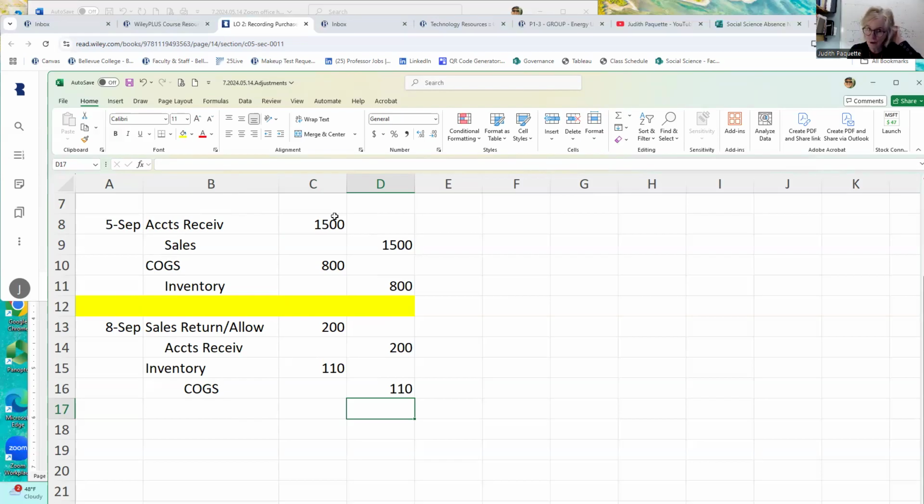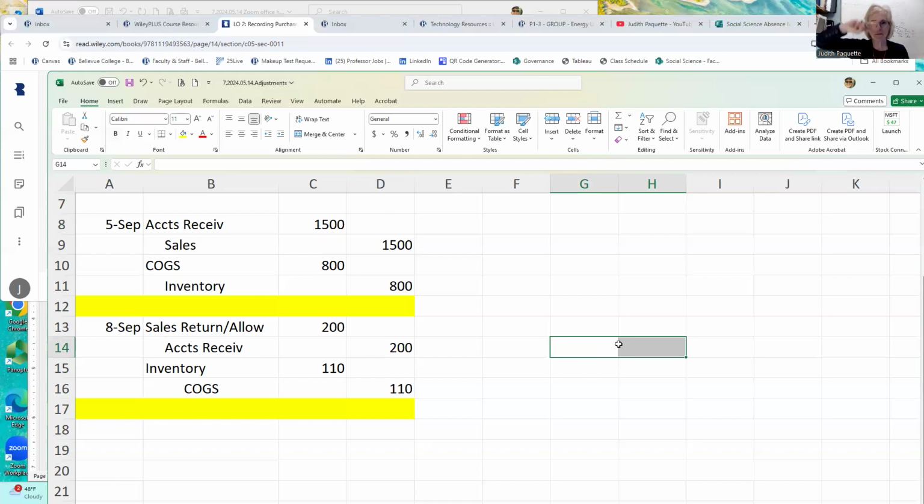We haven't done that before, but this is an exception to what I have told you in the past, which is to list all the debits first and then list all the credits. For merchandise inventory sales transactions and returns, I want you to list them in their twin pairing: accounts receivable, sales, cost of goods sold, inventory. It's not wrong if you do it the other way, but this is the accepted pattern.